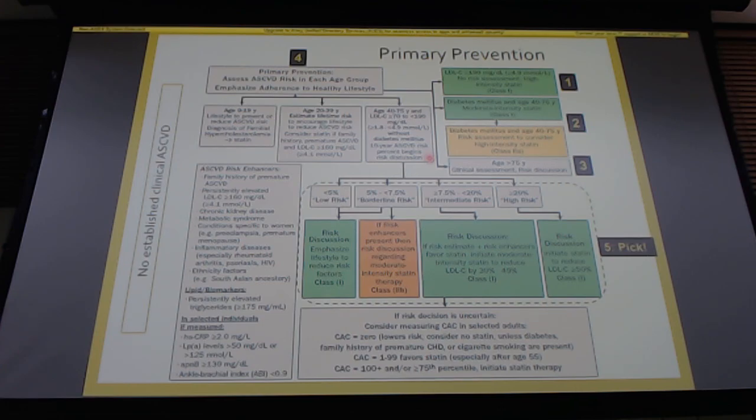So then I need to say, hey, I got to stratify you. And the reason why it says without diabetes is important because remember, they were on the side. They were already getting that moderate and I can consider a high. So that's why this is, again, separating the without diabetes. So when I have this person, that's when I whip out my ASCVD risk calculator, okay? I'm gonna put it in and it's gonna spit out a number to me.